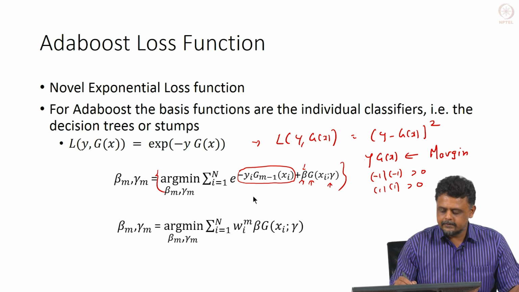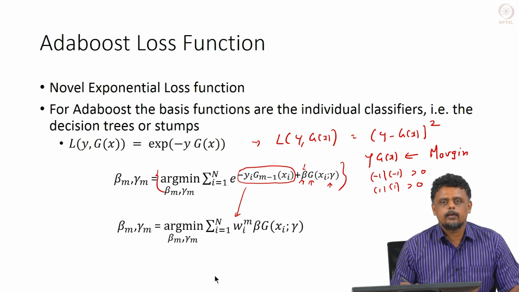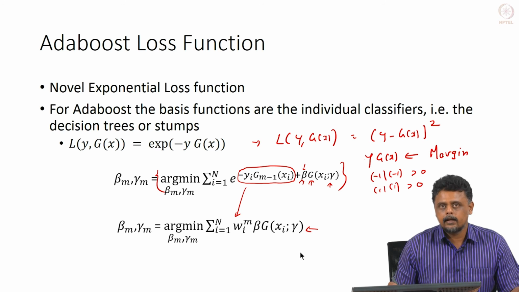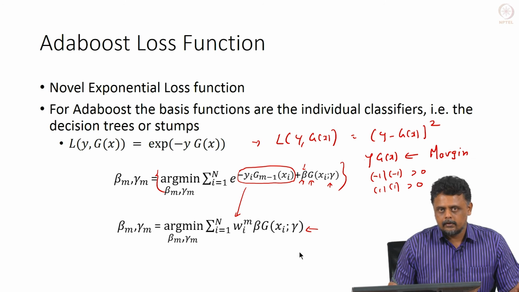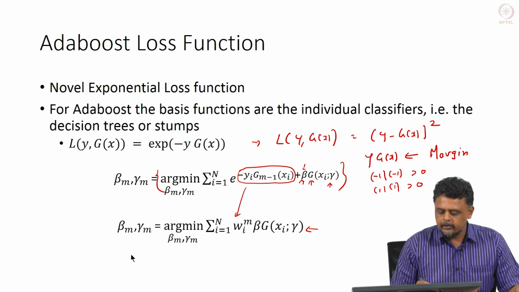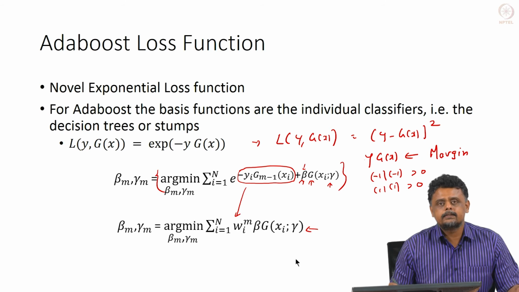So, we can write this as, replace this by a weight. This is the loss function that we end up optimizing for the AdaBoost algorithm.